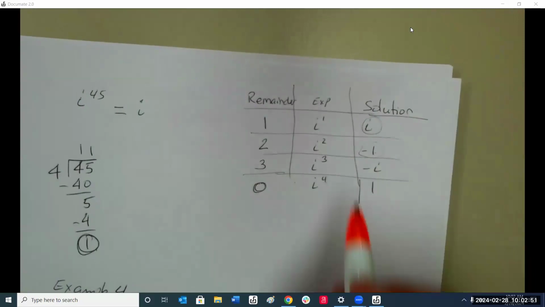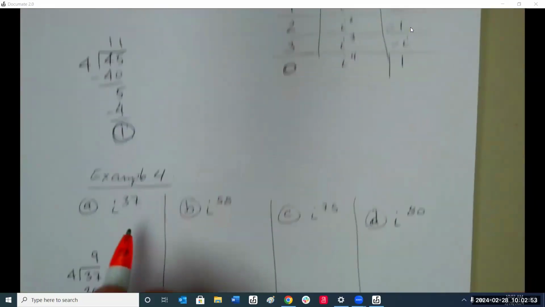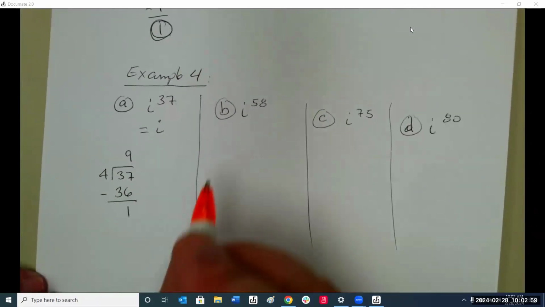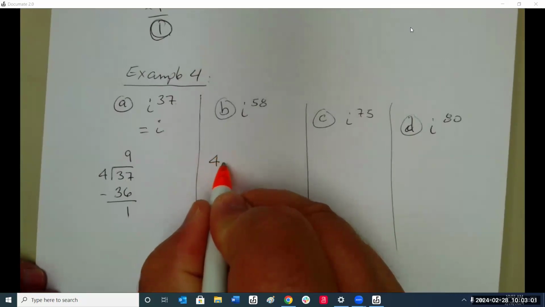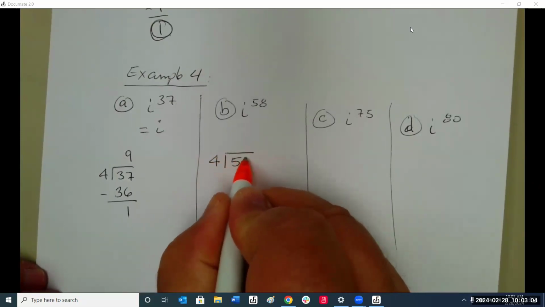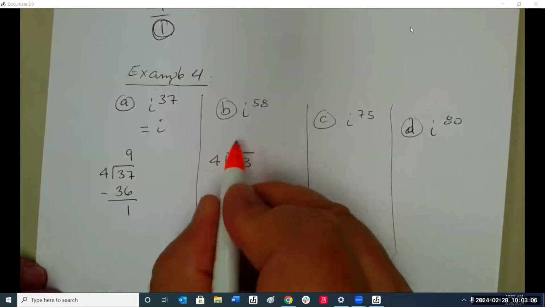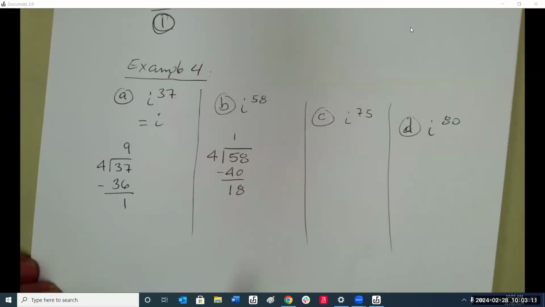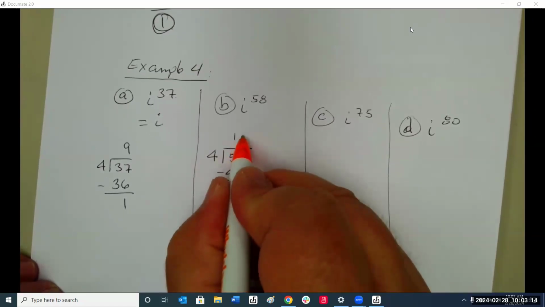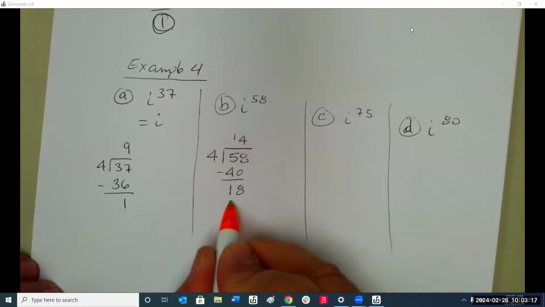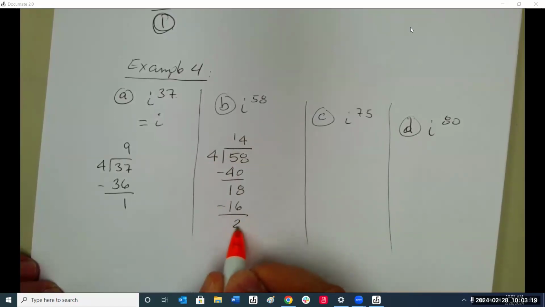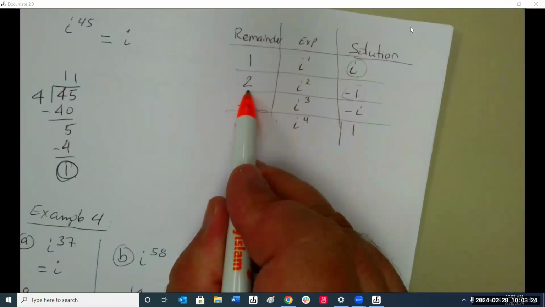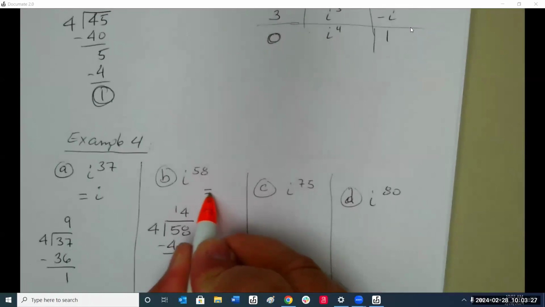If the remainder is 1, the solution is I. So this one becomes I. The second one, 4 goes into 58. 4 goes into 5 once. 4 goes into 18 4 times, because 4 times 4 is 16. The remainder is 2, and remainder 2 means the answer is negative 1.